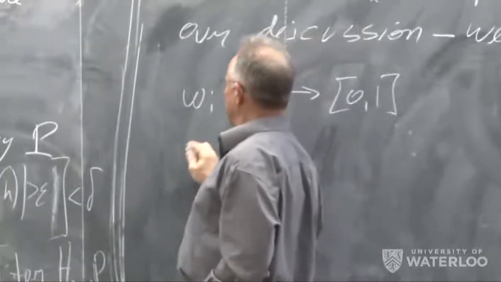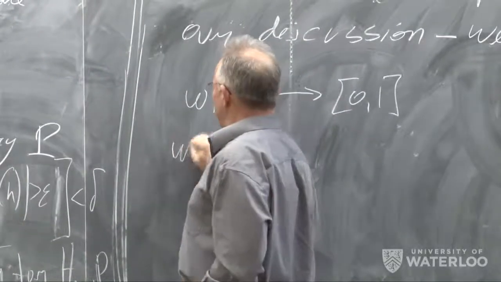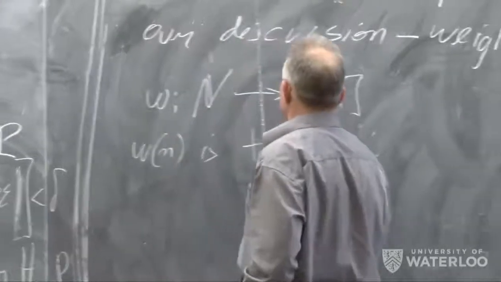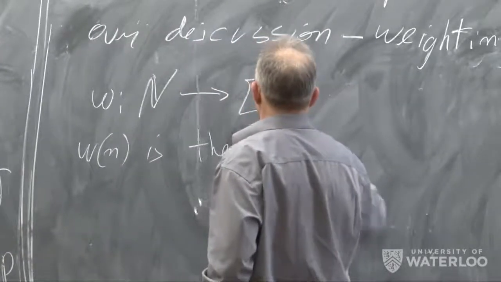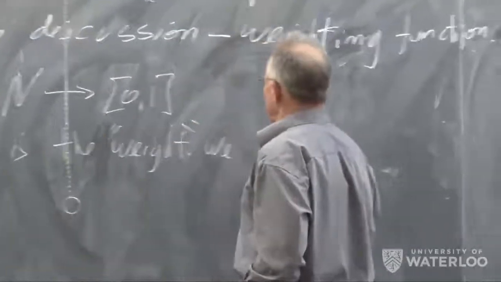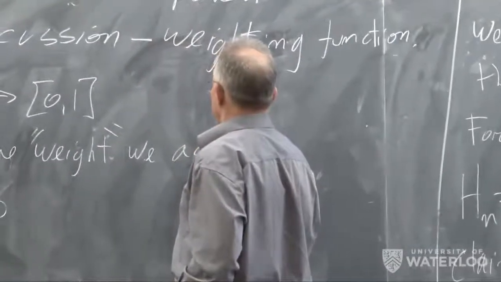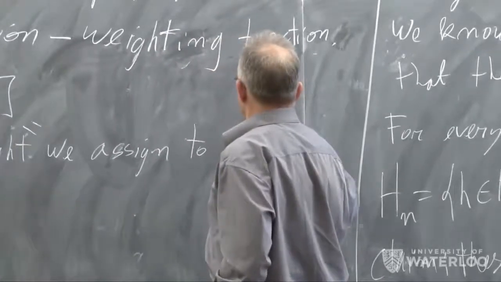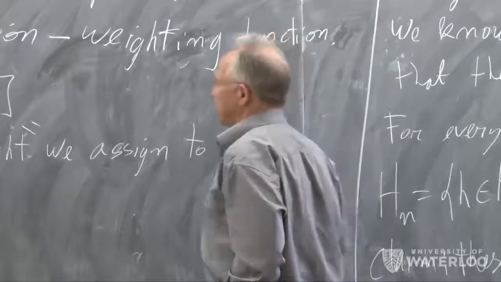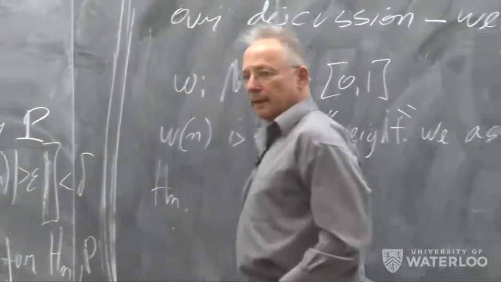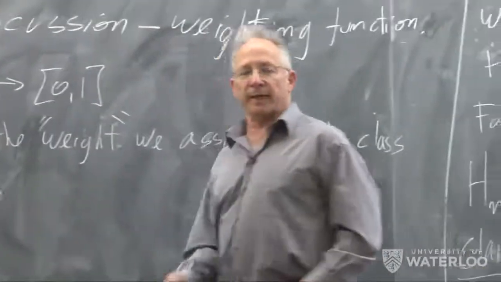And the idea is that Wn is the weight we assign to the class Hn. So every class will get a weight.